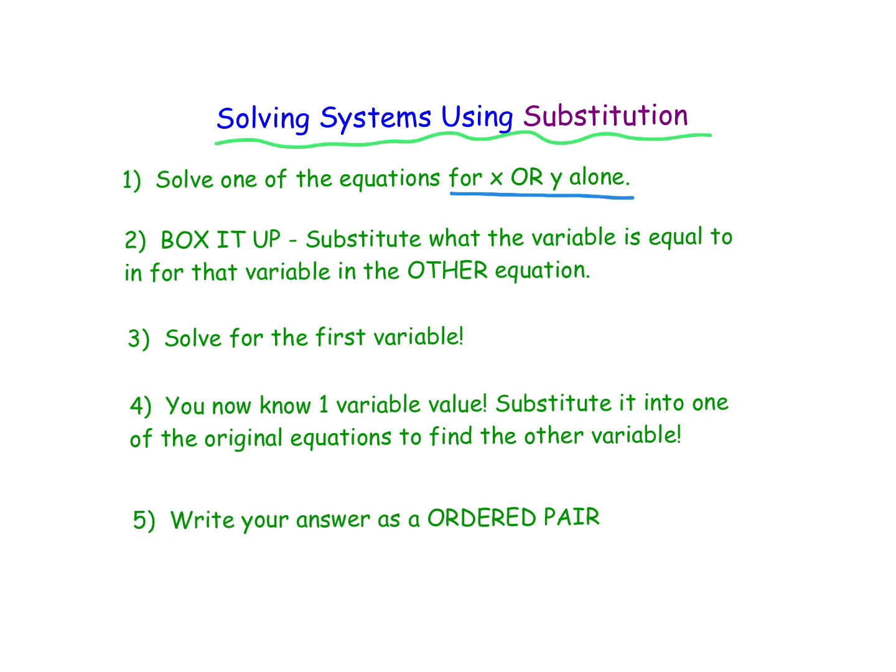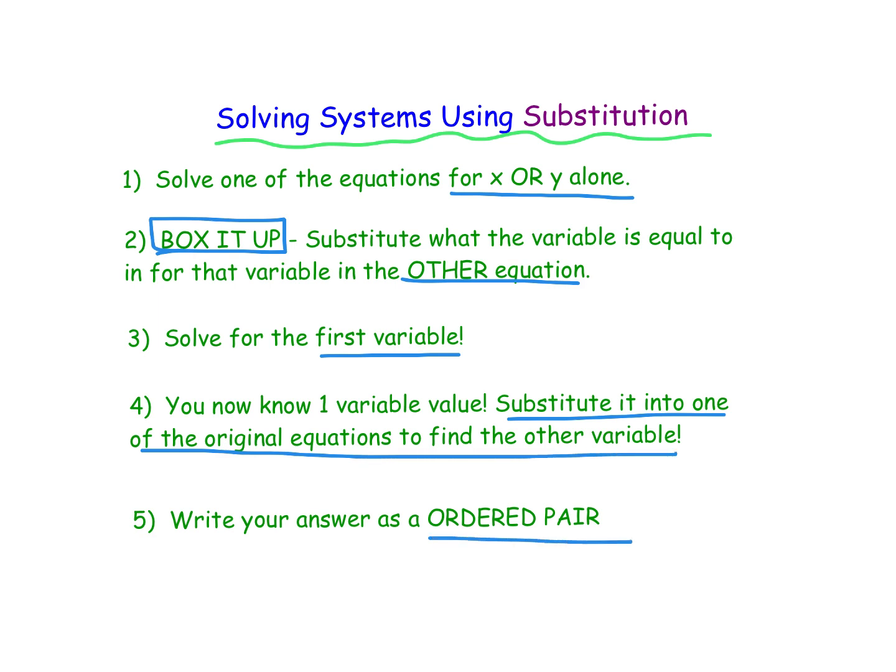Then what we're going to do is we're going to box it up and we're going to substitute it into the other equation. We'll then have an equation with one variable so we can solve for the first variable. And now that we know the first variable value, we can substitute it into the original equations, find the other, and then we'll write our final answer as an ordered pair.